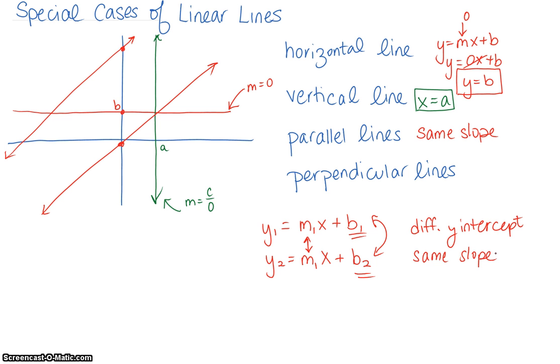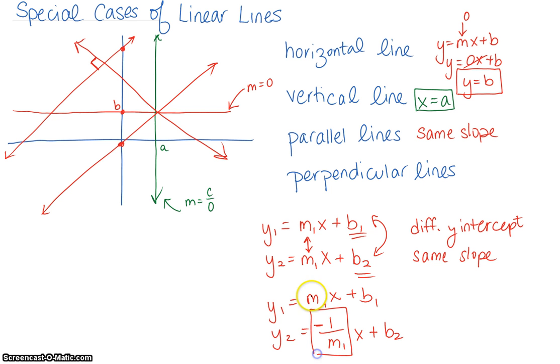When you have perpendicular lines, let's say these two right here are perpendicular, then your first line will have one slope, and your other line has to have the negative reciprocal of that slope. So the key thing here is whatever the slope is for the first one, you take the negative reciprocal: you multiply it by -1 and divide it by 1, and then you're going to get the negative reciprocal.